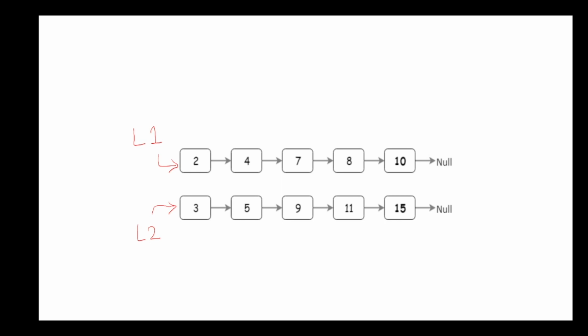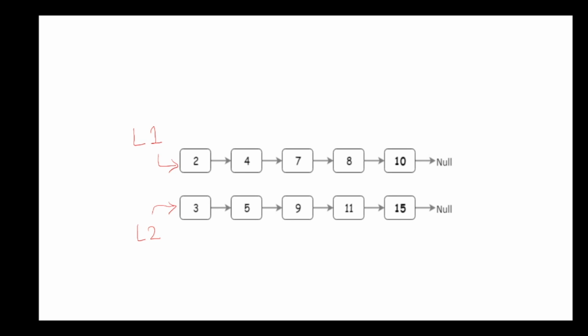I will say L1 will be the final merged list, but every time I pick elements from L2 and add them to L1 at appropriate positions. So L1 will be the path taken by the merged list.